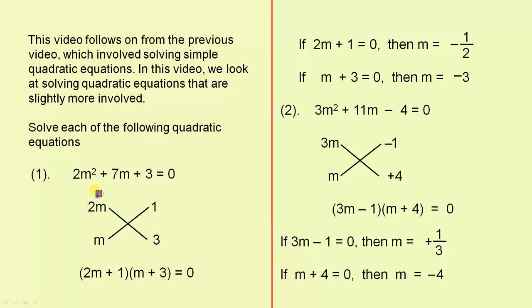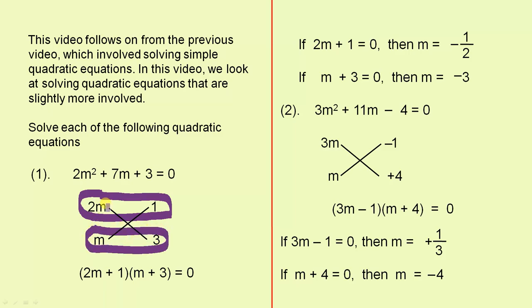Now if we remember from the last video, the way we write this down, that is the product, after we do the factorising, we write it out this way. In other words, the 2m plus 1 is multiplied by the m plus 3. If you remember from the last video, if that expression has to be equal to 0, that part must be 0 or this part must be 0.